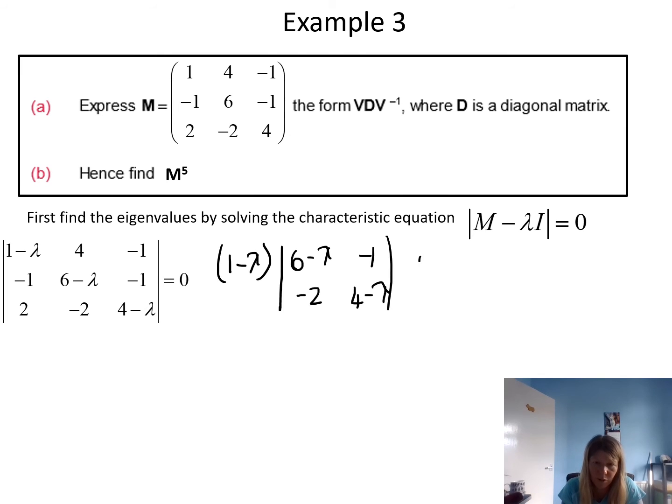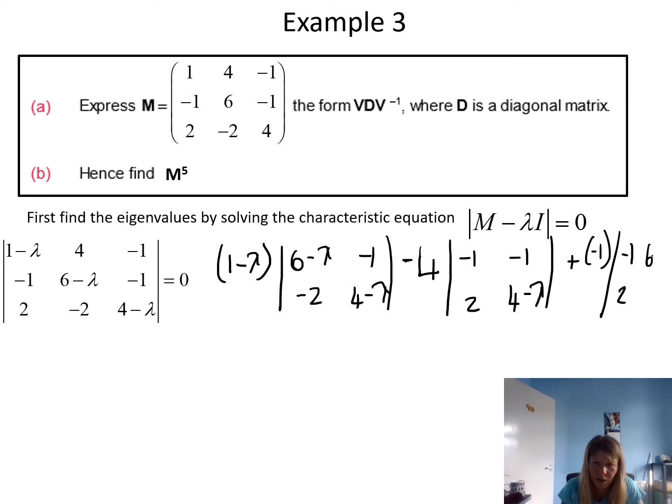Then you'd have minus 4 lots of the matrix minus 1, 2, minus 1, 4 take lambda, and then plus minus 1 of the matrix minus 1, 2, 6 take lambda and minus 2. Wow, this is going to be fun.